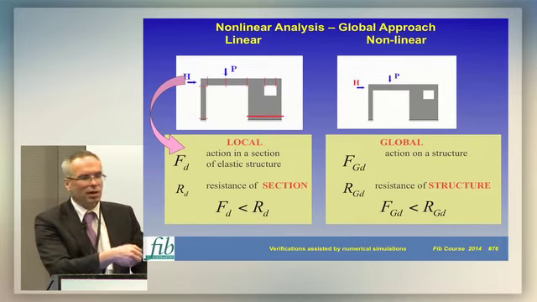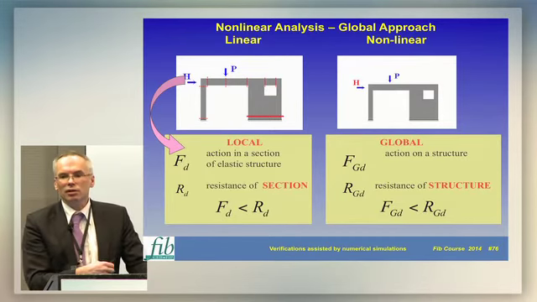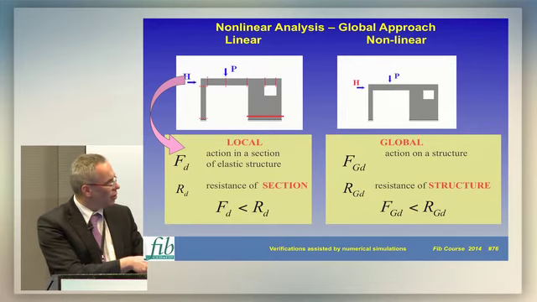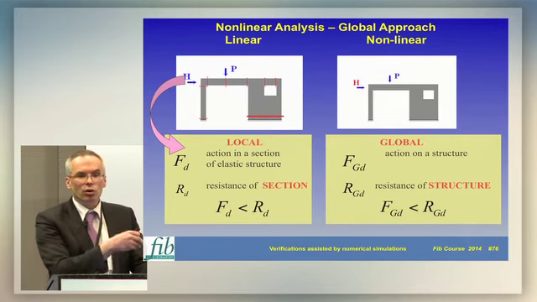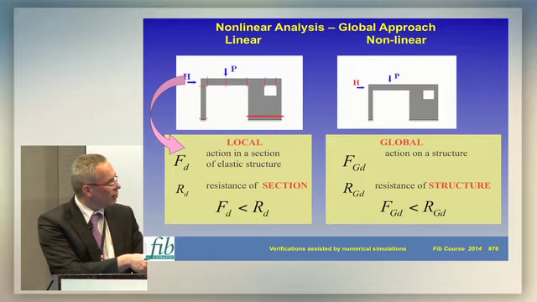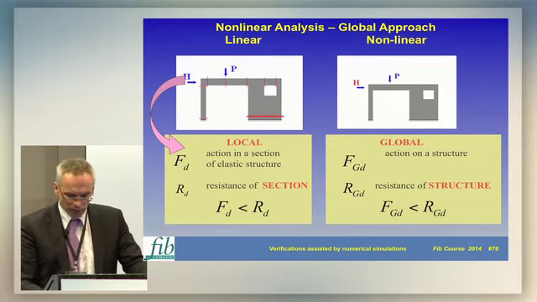Currently, when making design or checking the structures, we apply forces to our structures, and then we calculate the internal forces in some critical sections, and at each critical section we check if the design actions, including, of course, all the partial safety factors on the load side, are smaller than the resistance of the section, which again includes all the partial safety factors for the sectional behavior.